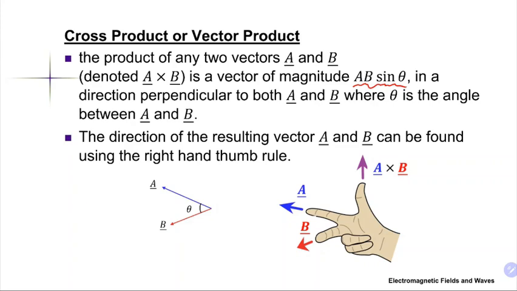If the two vectors are 90 degrees orthogonal, then the magnitude will be equal to the magnitude of A times the magnitude of B, because sine of 90 is equal to 1. If they are aligned, then this product will give you 0, because sine 0 is 0. So this measures how orthogonal the two vectors are.